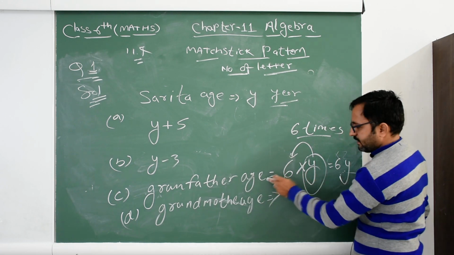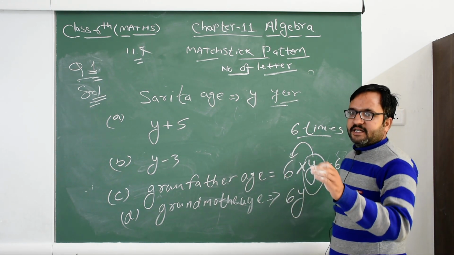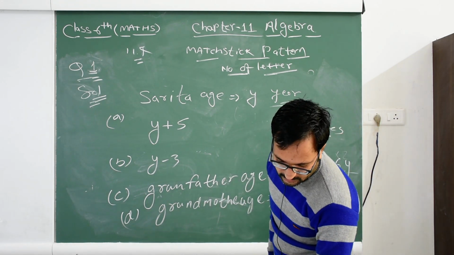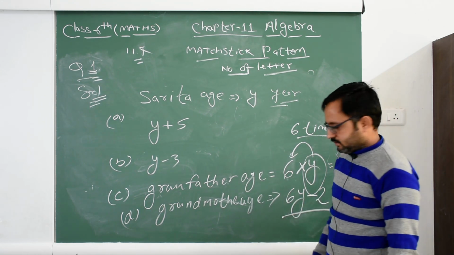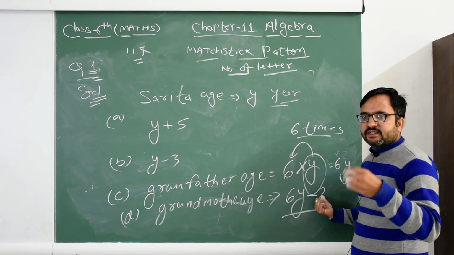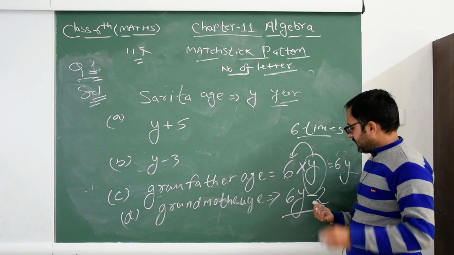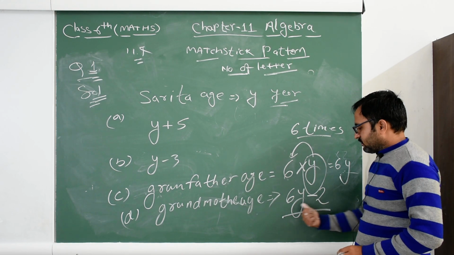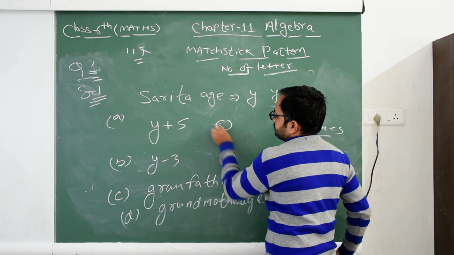Grandfather's age is 6y, and 2 years younger means minus 2. Younger means minus, older means plus. In the case of older we use addition and younger we use subtraction. So 6y minus 2. This is the D part.